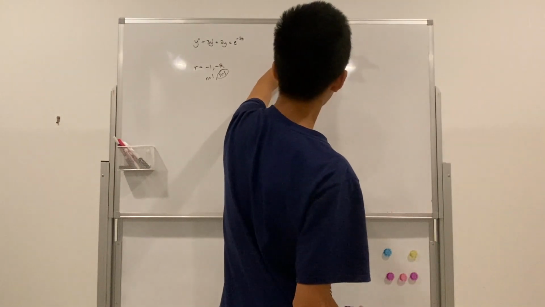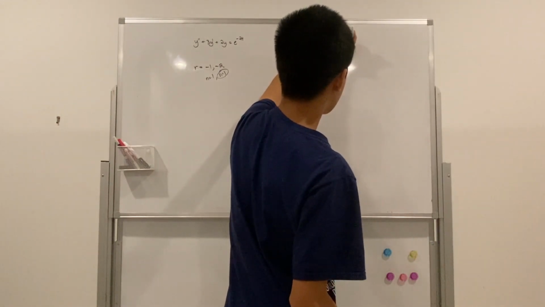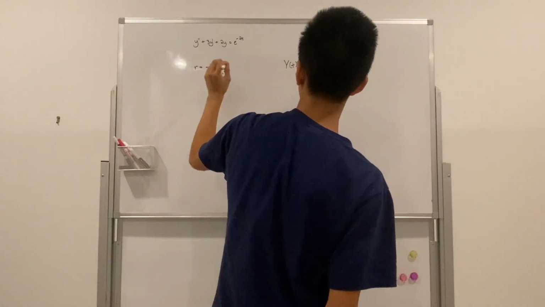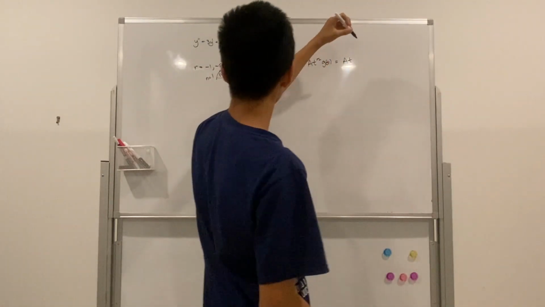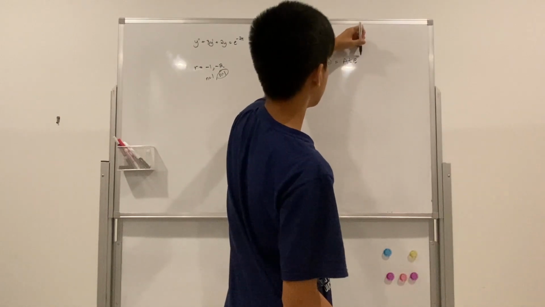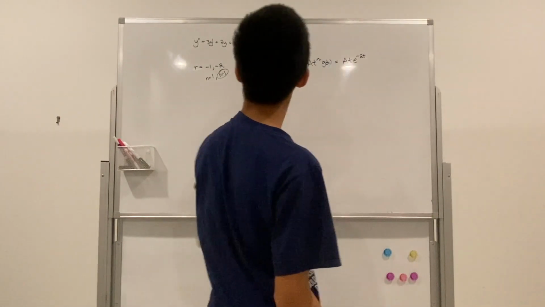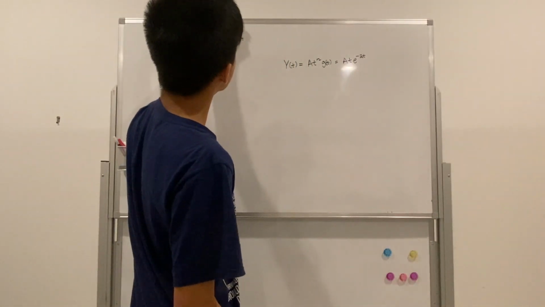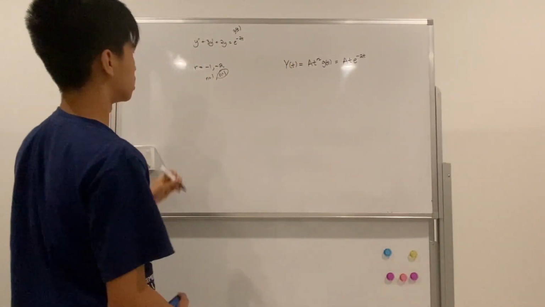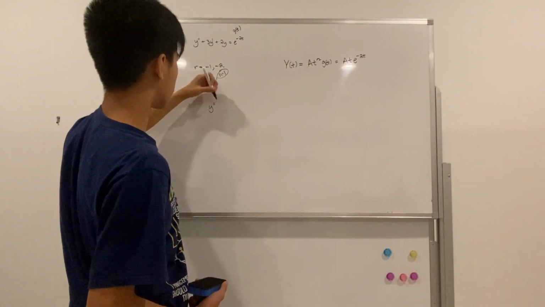So in this case, we have A times t to the first power, because our multiplicity is 1, times e to the -2t, which is our g of t. Now, if we plug that in, let's find y prime first.